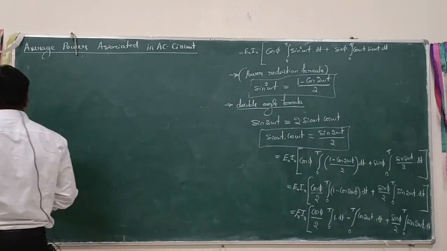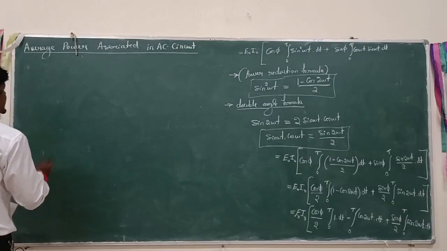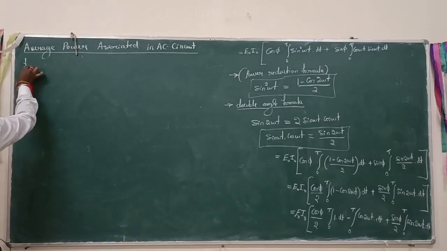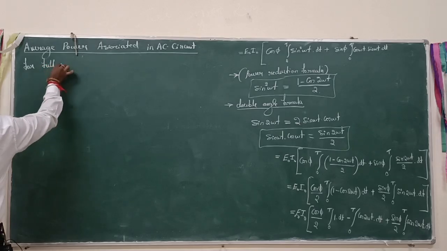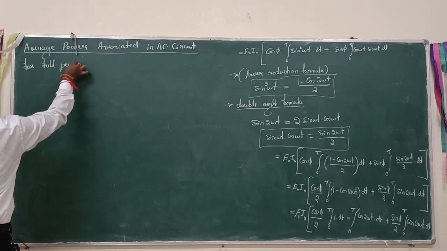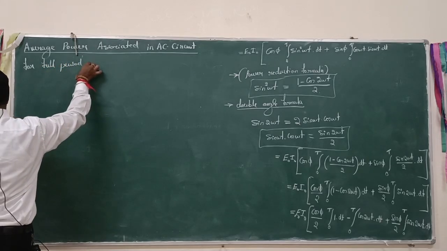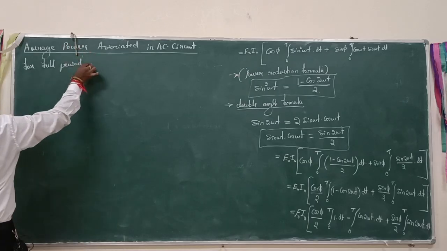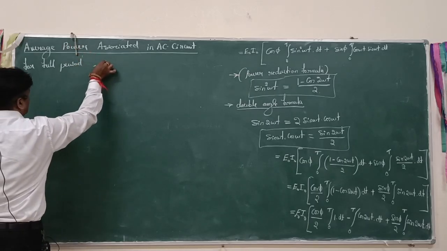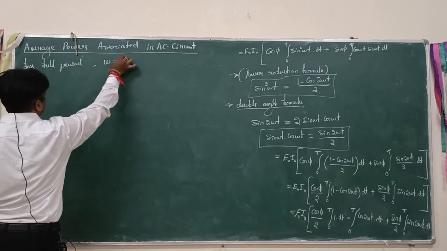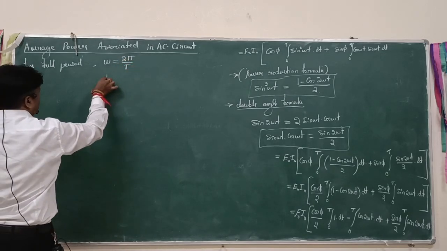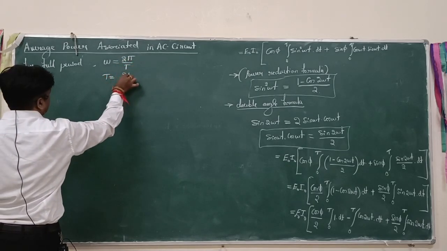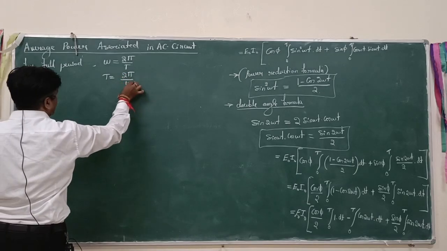For a full time period, T is equal to, we have the expression of angular velocity, that is omega equals 2 pi divided by T. Therefore T is equal to 2 pi divided by omega.